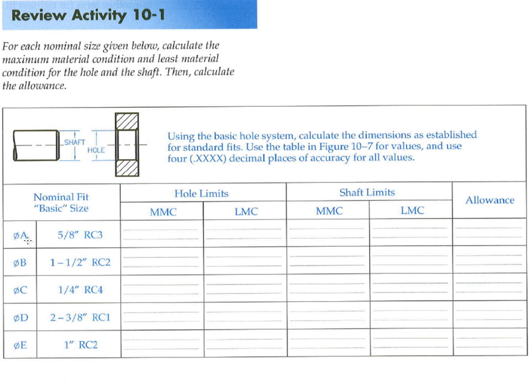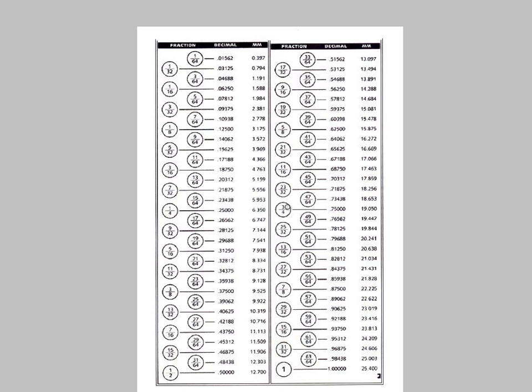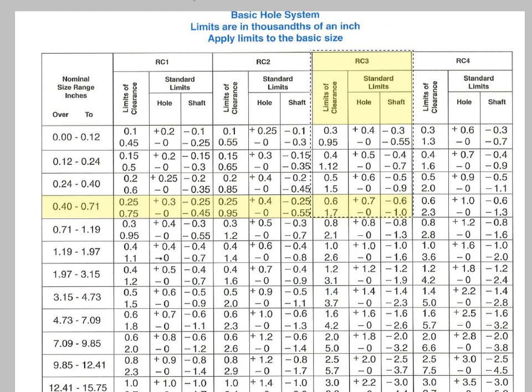So diameter A, this is the diameter of both the shaft and the hole, the nominal diameter or the basic size of the hole. And 5/8 first needs to be converted to a decimal. You can look that up on the chart. If you have a handy dandy decimal chart, there's one in your appendix. 5/8 is 0.625. Or you can do it on your calculator, or you can just memorize 5/8 is 0.625.